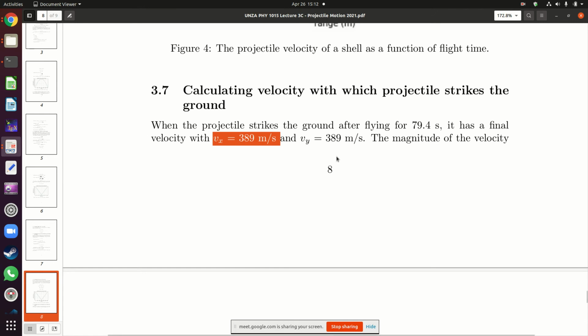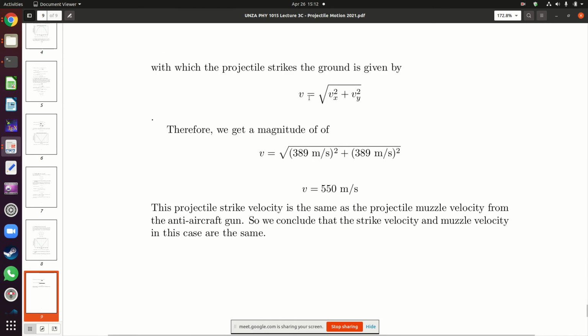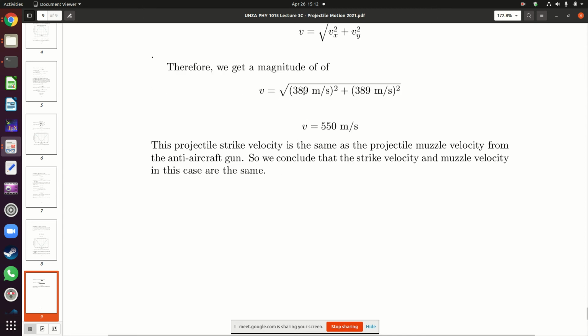If you've got components of a vector, Vx equal to 389 meters per second and Vy equal to 389 meters per second, then you can use this expression to find out how much that vector is. You work out the magnitude. So V is equal to the square root of Vx squared plus Vy squared, and that gives you the square root of 389 squared plus 389 squared. That gives you a velocity of 550 meters per second.